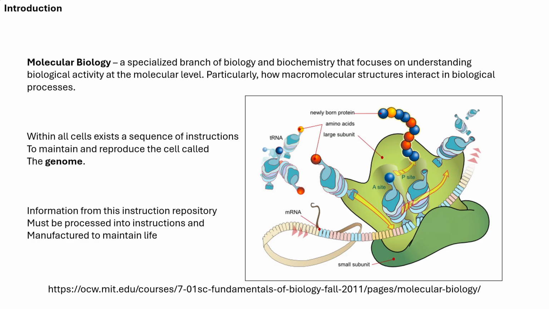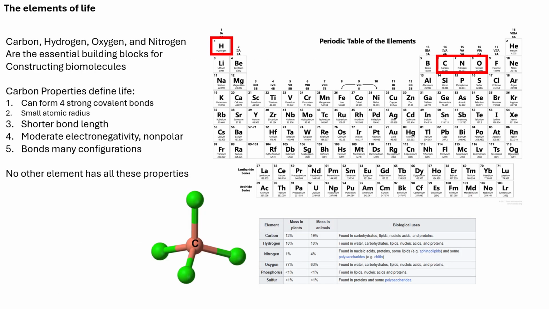It's a repository of instructions or data, and it has to be read and processed into transferable information that can be manufactured to allow the cell to maintain life and also reproduce life. So that's what we're going to get into today, focusing on the genome.